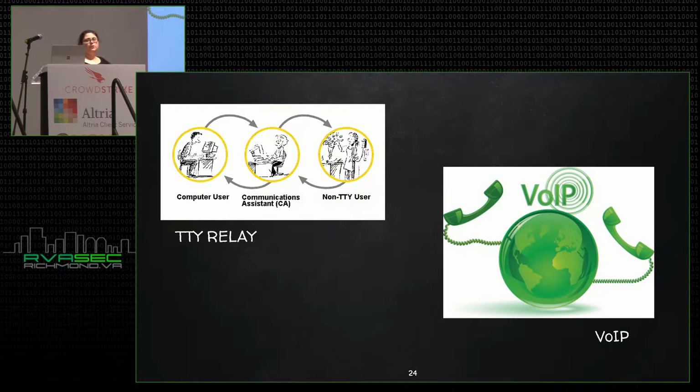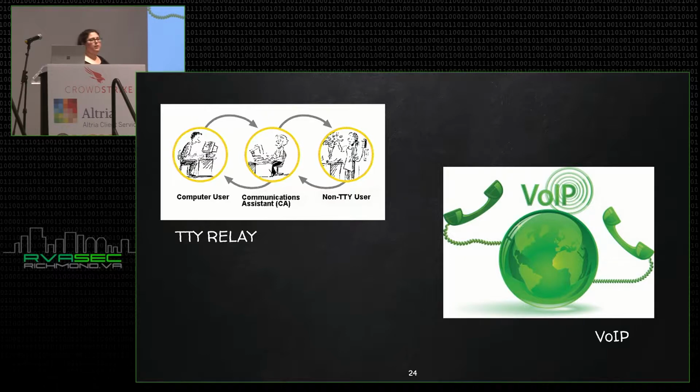It's meant for the hard of hearing or deaf. It is not meant to be abused. But a computer user will dial their modem up into the TTY relay, and then they will have them call a non-emergency line. Most of the swatting stuff happens over a non-emergency line. And then they'll talk with the dispatcher and make the fake call.